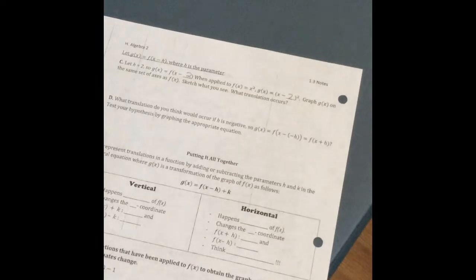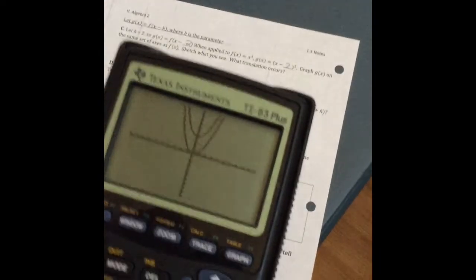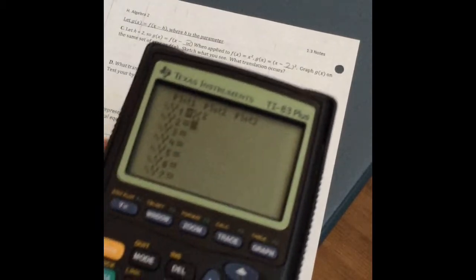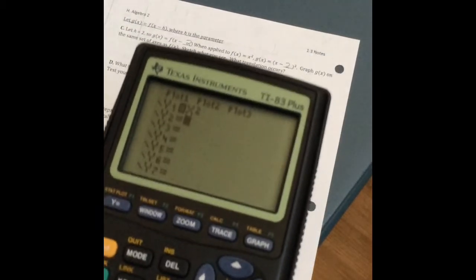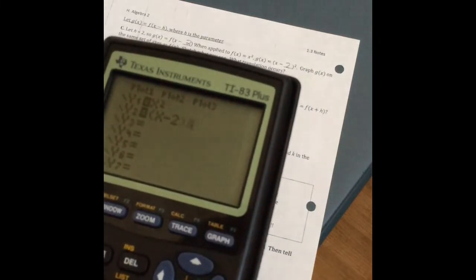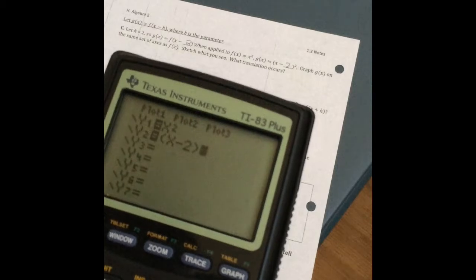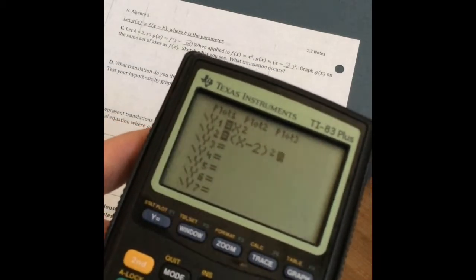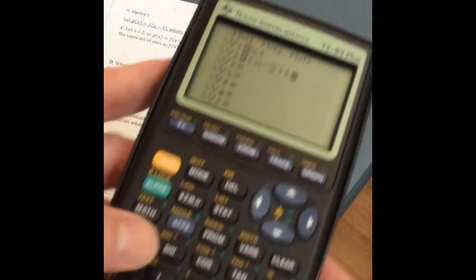So let's do that. I'm going to stand up so you can see this again. I'm going to go back to y equals, clear this, and here we go. Now I'm going to start with parentheses, x minus 2, and that quantity I'm going to square, and square is right here, this button down here.